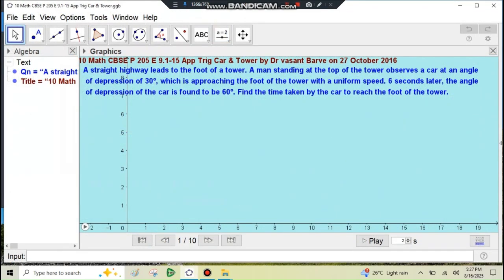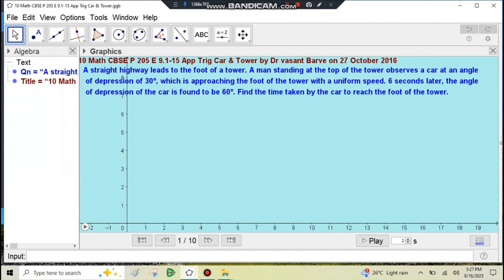Let us tackle one more problem of application of trigonometry. Now here, this problem is from 10th Math CBSE on page 205. A car and tower. A straight highway leads to the foot of a tower.